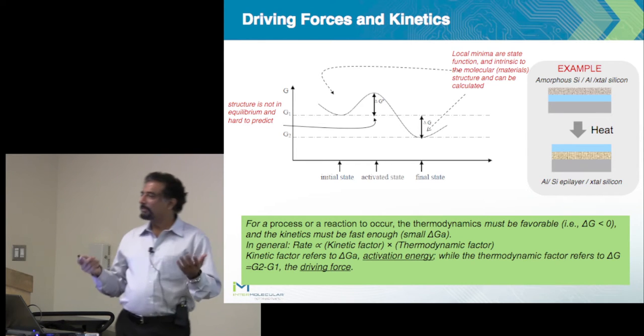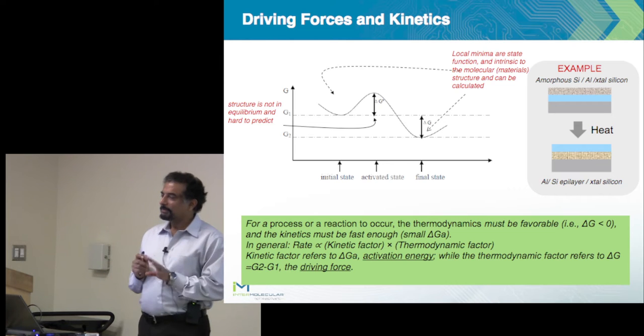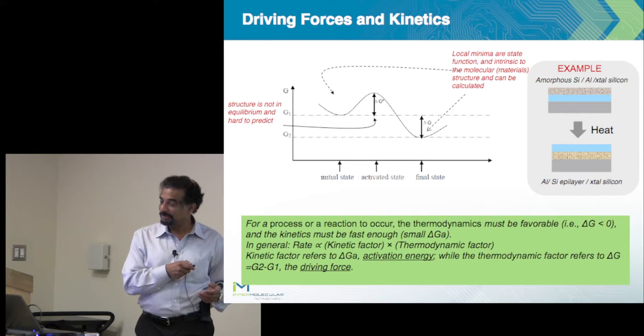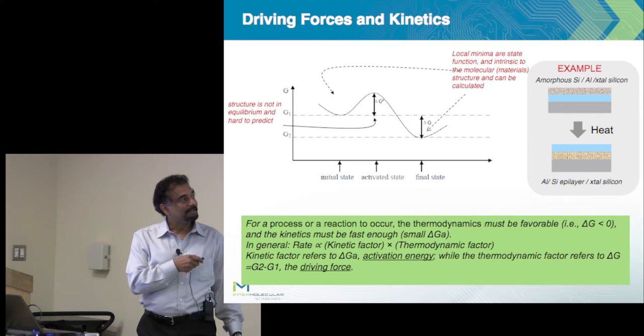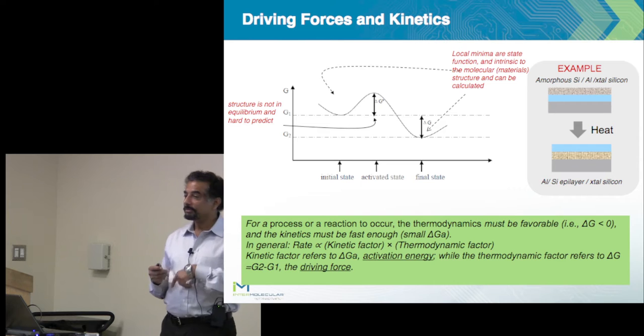Now, why doesn't it do it by itself? Well, once you have the aluminum, it breaks up the silicon, the silicon dissolves, and then it diffuses. So there's a kinetic barrier, but the aluminum helps by breaking up the silicon, allowing it to diffuse, and then allowing it to go into the natural state.